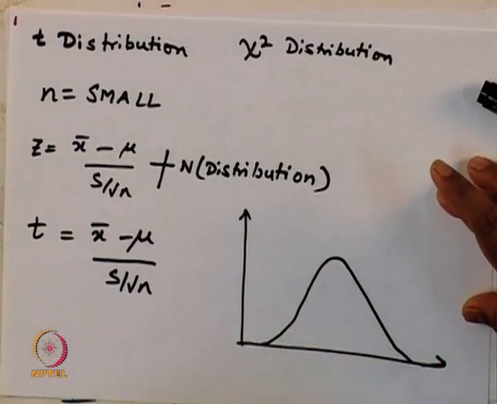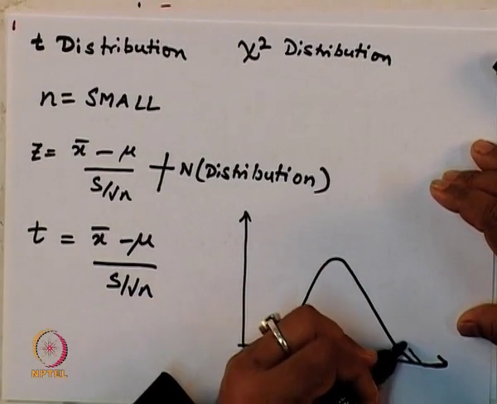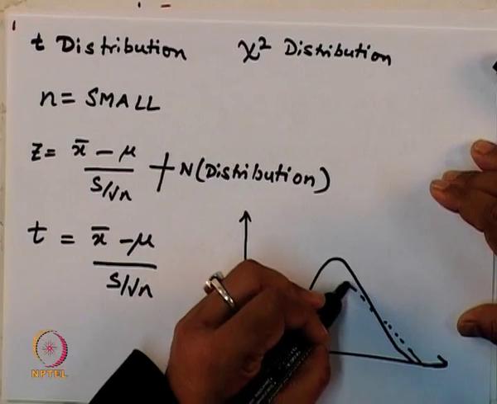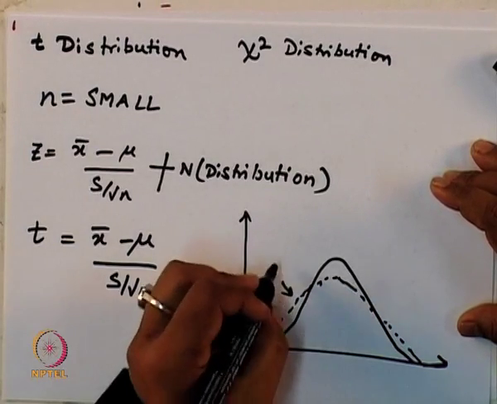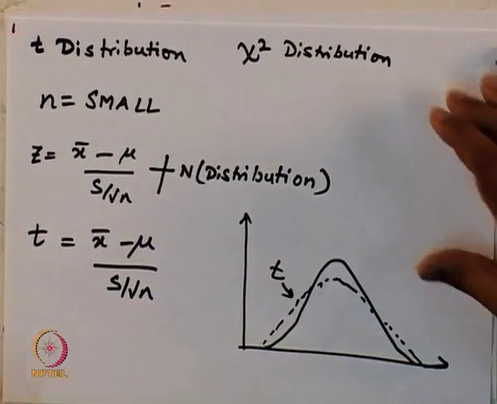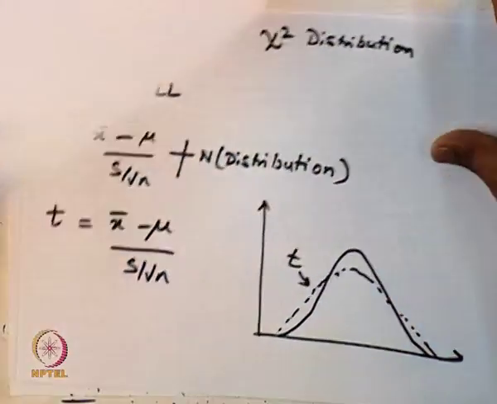As opposed to the normal distribution, the t distribution is much flatter with longer tails. So, this is your t distribution.